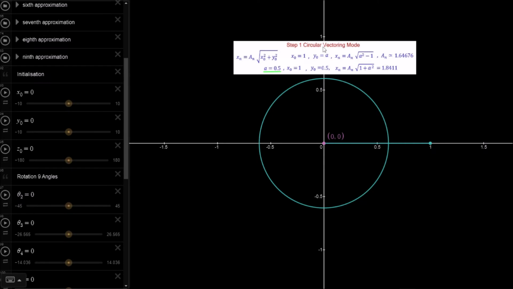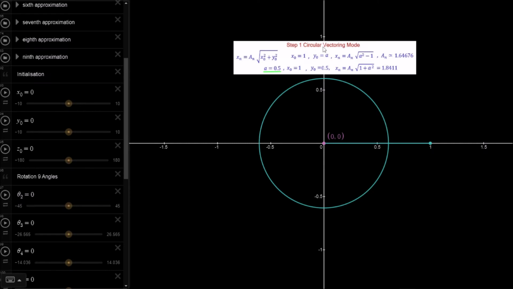So in effect we've got 3 separate simulations, and each of the simulations can run either circular, linear or hyperbolic. But also each simulation can run both vectoring and rotation modes.